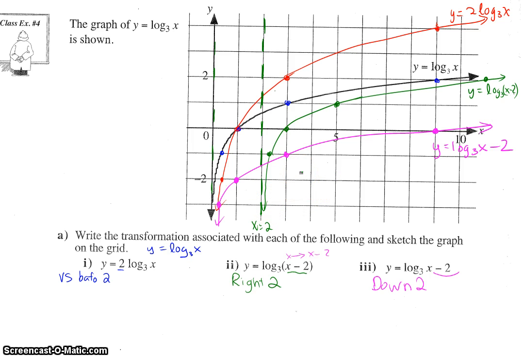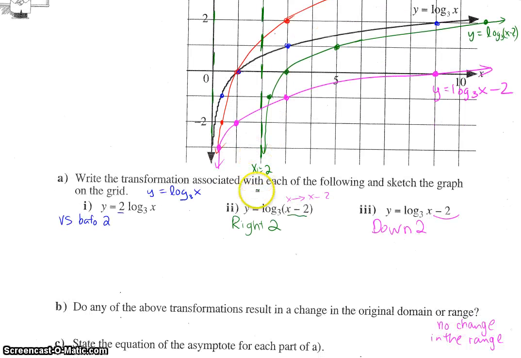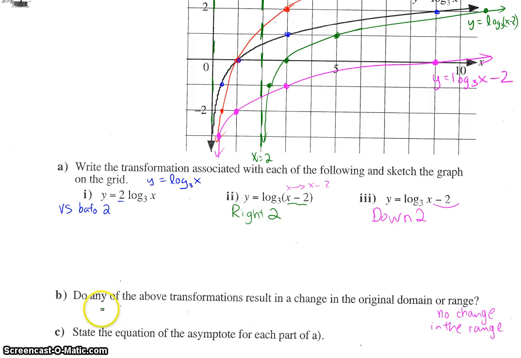When we moved it down 2, though, this pinky purple graph looks like it's still x greater than 0. So do any of the above transformations change the domain? Yes. The translation of right 2 changed the domain.